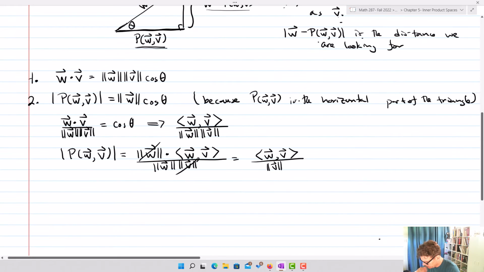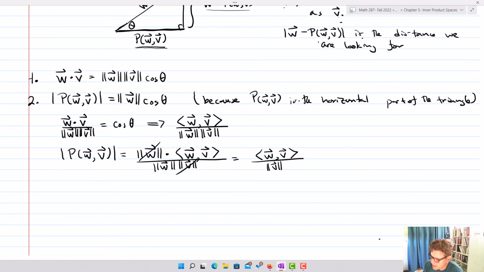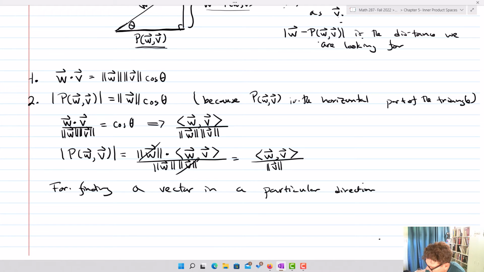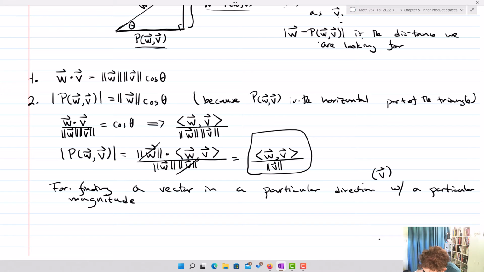Now, something to remember is that for finding a vector in a particular direction with a particular magnitude, we let the direction be V, and our magnitude in this case is going to be the inner product of W and V divided by the magnitude of V. What we do is normalize: we make a unit V, normalize V, and multiply it by the magnitude.